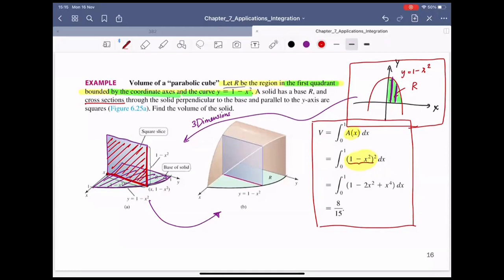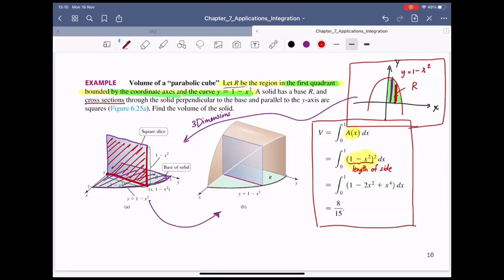So 1 minus x squared is the length of the side of the square, because your parabola just goes from y equals 0 to y equals 1 minus x squared. So the length of the side of the square is 1 minus x squared minus 0. That 1 minus x squared is just the height here, and then you square it, so you get the area.